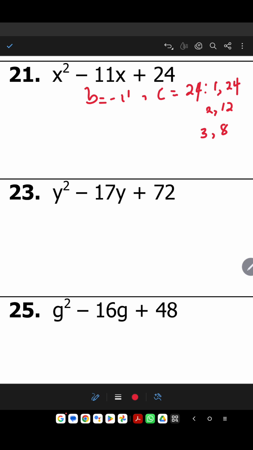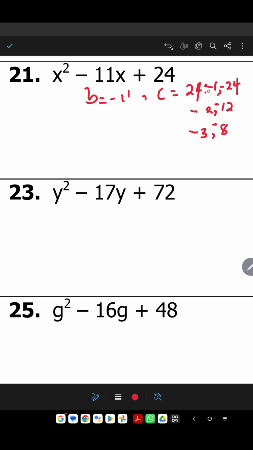But in this instance, we are not interested in the positive pair factors. We are interested in the negative pair factors. So this will be negative 1, negative 24. This will be negative 2, negative 12. This will be negative 3 and negative 8. Let's go. A negative times a negative will equal a positive.